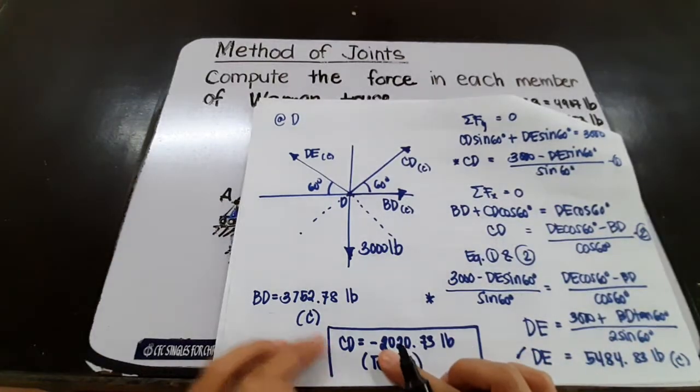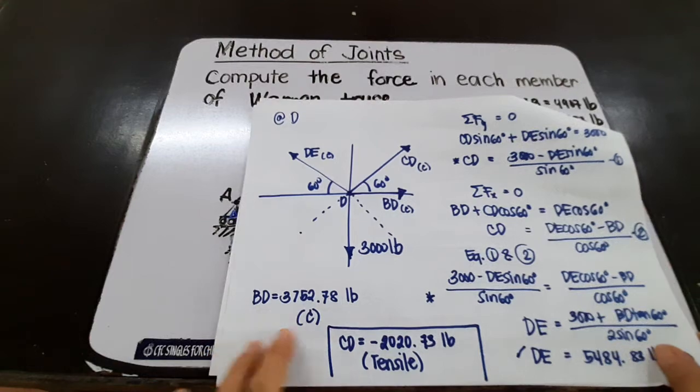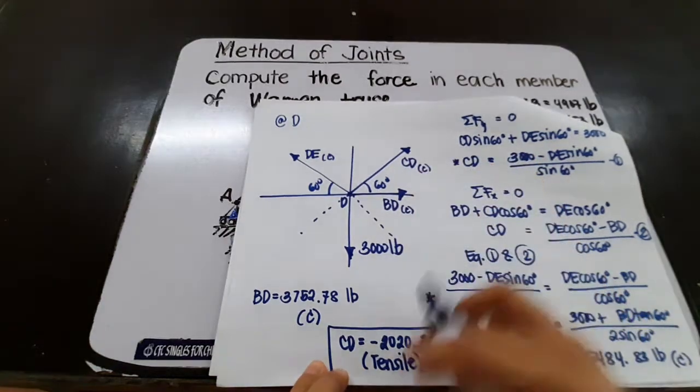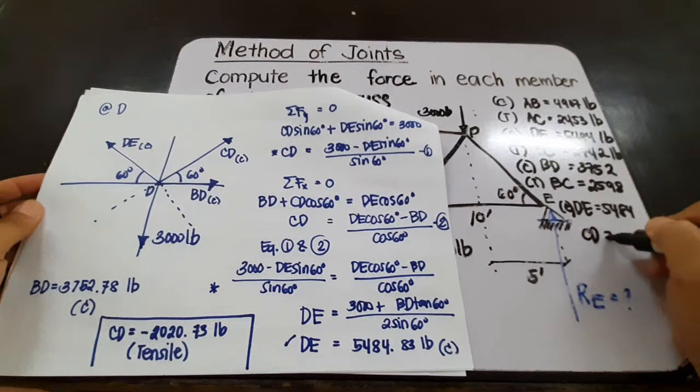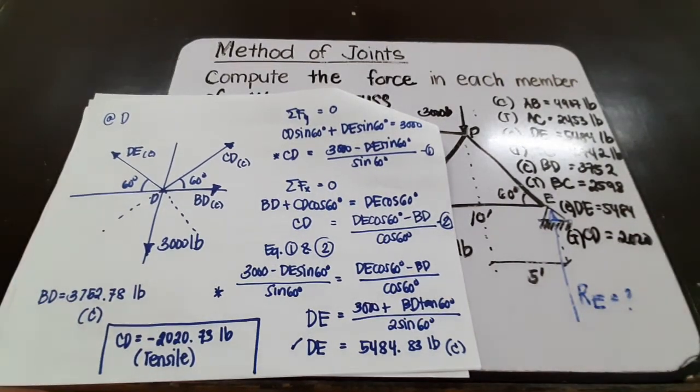So we have CD equal to 2020.73 pounds. Since we have a negative value and we assumed a compressive force at CD, that means CD is a tensile force. So CD is 2020 pounds, and that is a tensile force.